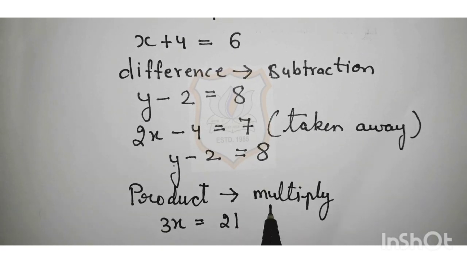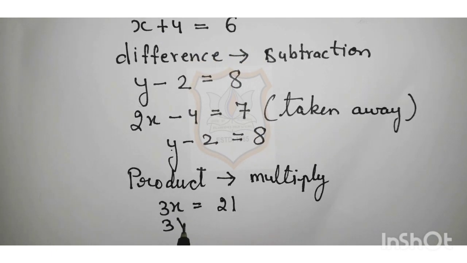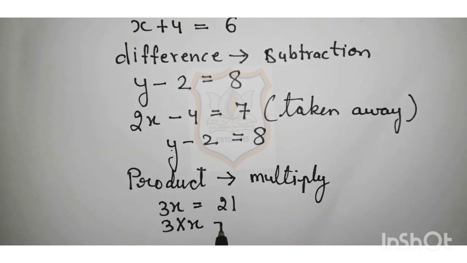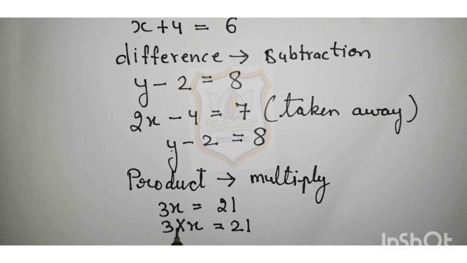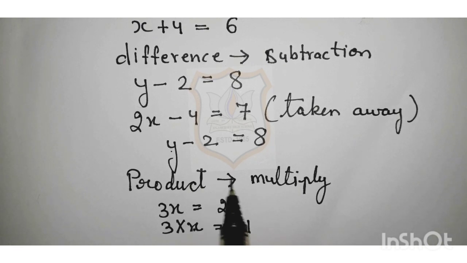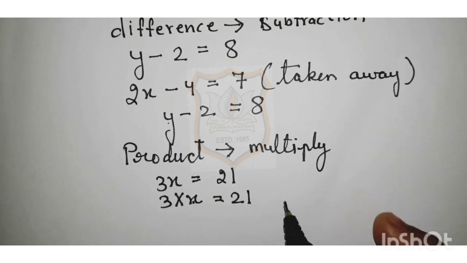Product means multiply. Again I am repeating, product of 3 and x means 3 multiplied by x, that is equal to 21. So product means multiply. Students, sometimes times is given.